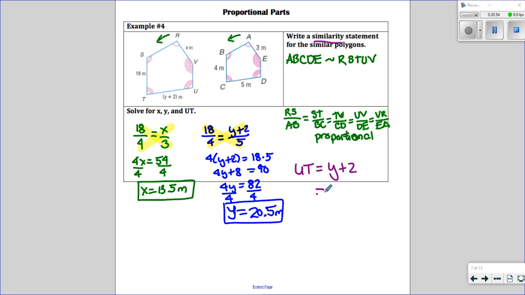Then I just plug in what I had for y, and UT equals 22.5 meters. And there you go. You're able to solve 3 different things, knowing that the 2 shapes are similar. And then you just set a proportion and solve for whatever you need to solve for.